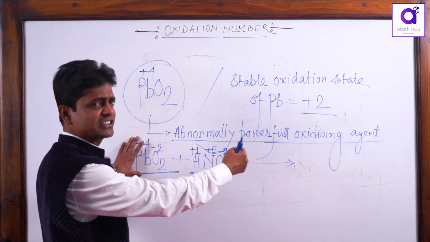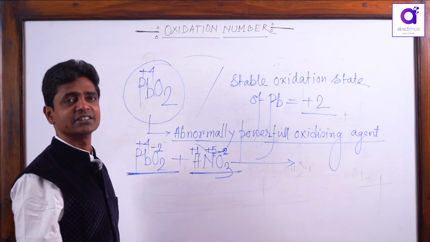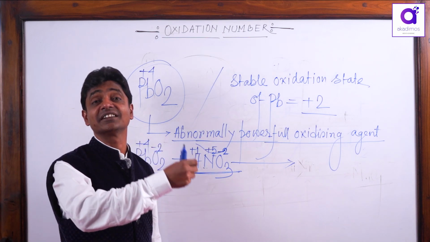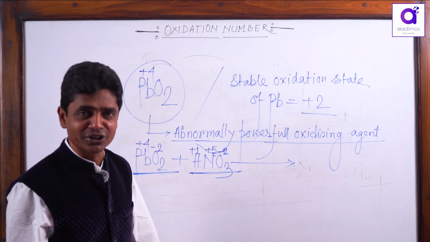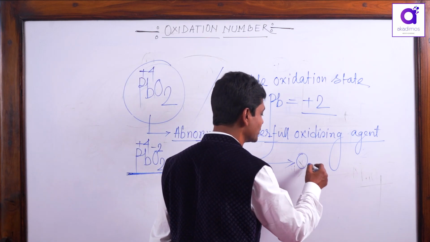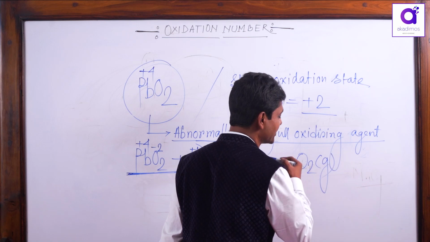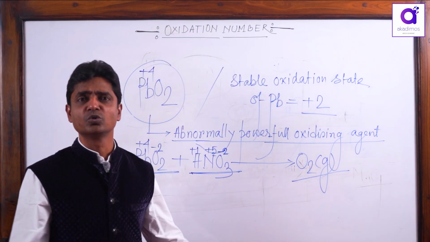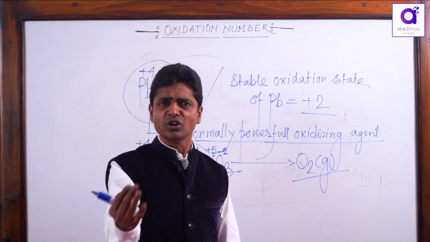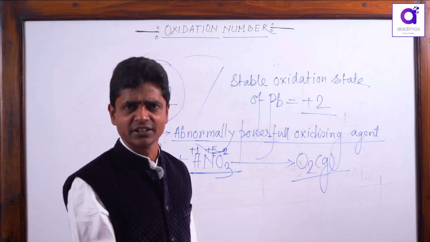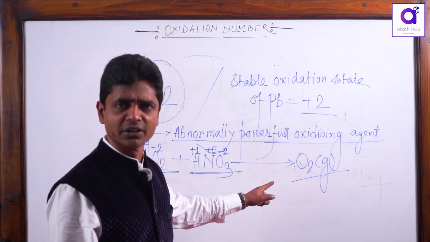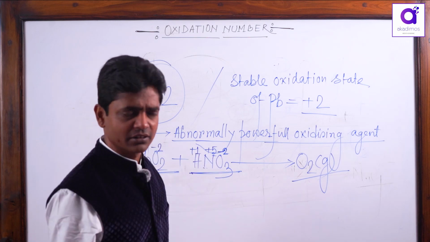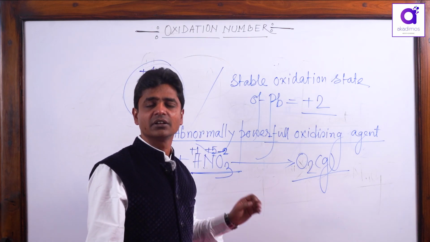So one and only option, oxygen can be oxidized here. And if oxygen is oxidized, the one and only gaseous product of this reaction is oxygen. Without knowledge of this reaction, you can predict the product. That idea of oxidation number alone can give it.